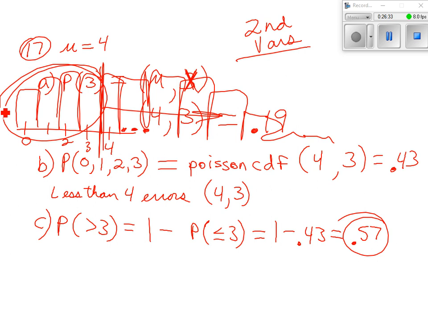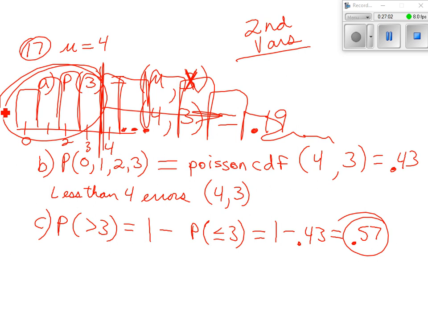When we get out to 1,000 mistakes, the probability is probably going to be something like 0.0000000000000000. And we could punch it in on our calculator. If I hit second vars, go down to Poisson PDF, I hit enter, we got 4, comma, and if I said 1,000 mistakes, we want to know what's the probability of getting exactly 1,000 mistakes.